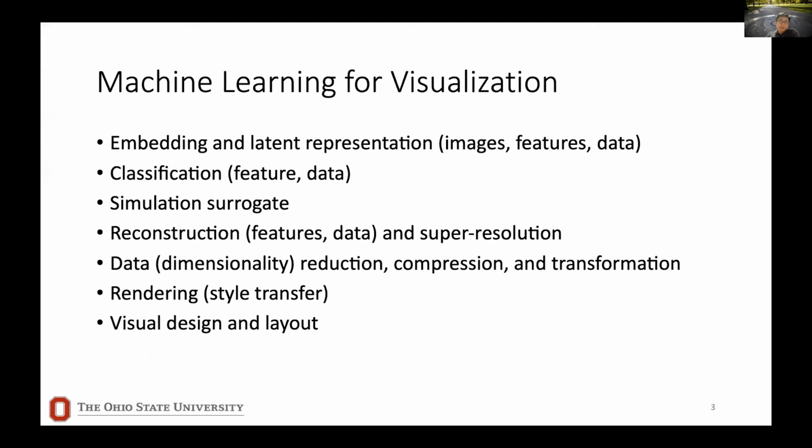For the past 5 years, machine learning and AI, in particular neural networks, have become the mainstream of AI research. And approximately for the past 5 years, people in the visualization community started to look into how we can utilize machine learning techniques to facilitate scientific visualization.